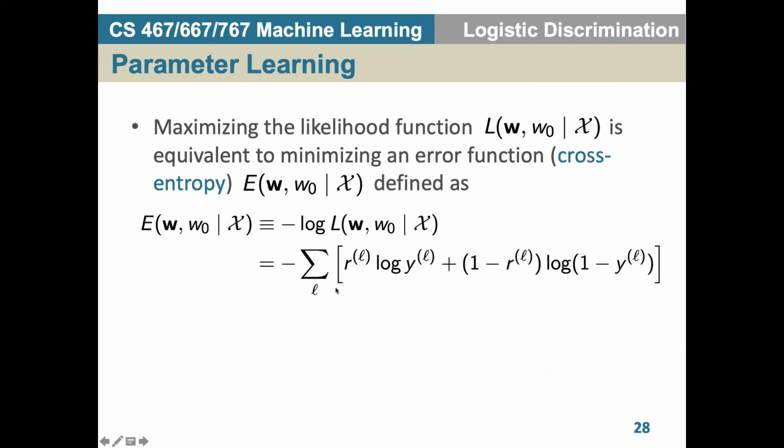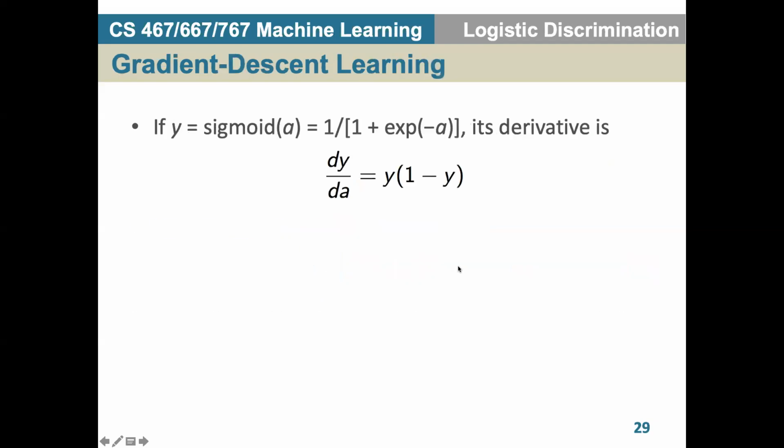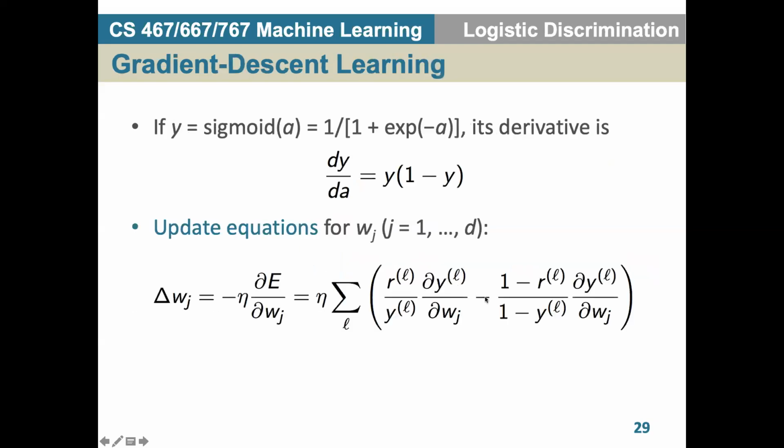So this is r divided by y. And this is 1 minus r divided by 1 minus y. But then we have the chain rule: 1 minus y, again taking a derivative with respect to y, gives a negative, so this sign will become negative. So we have negative sign, r by y. Then this is the chain rule, y should continue to divide by.